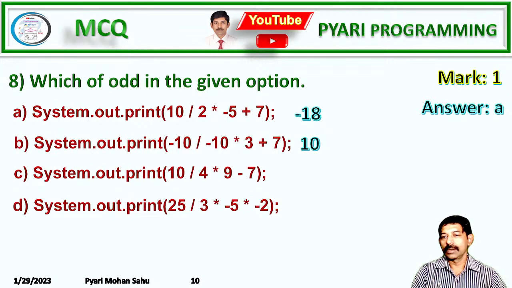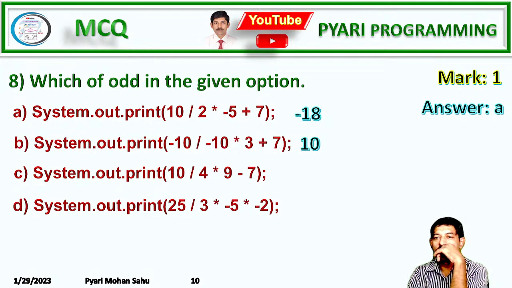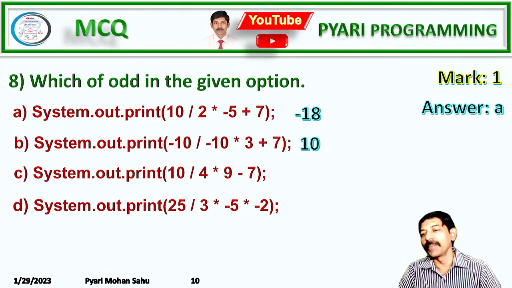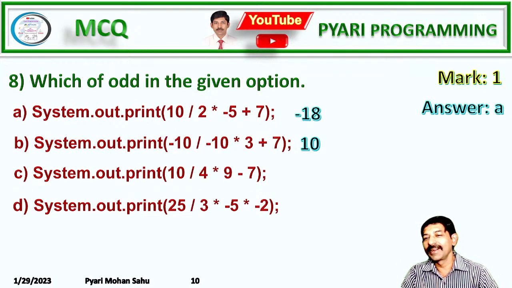Third one. अमृत सेनापति, 15.5. कहाँ बेटा आपका 15.5 आ रहा है अमृत? Integer divided by integer.